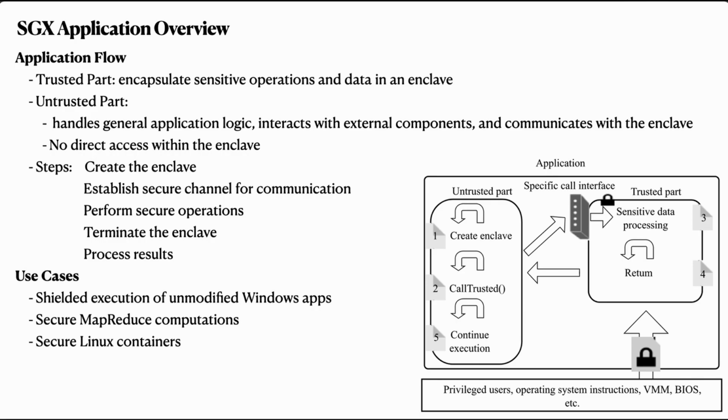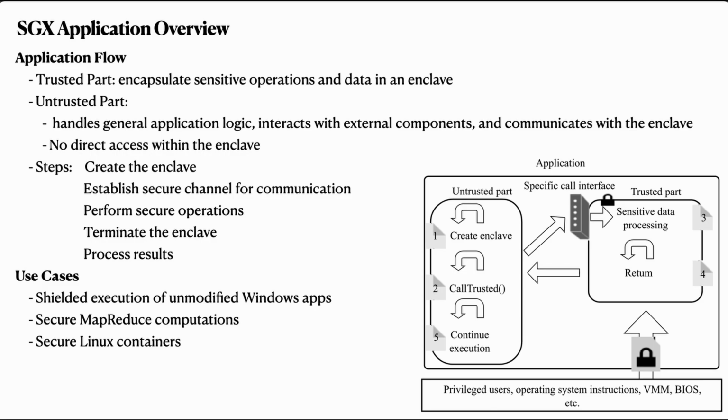It typically uses remote attestation. Remote attestation allows the application to verify the integrity and identity of the enclave and ensure that it is running the expected code. A shared secret key may be generated and exchanged during this process to encrypt and decrypt data securely. Then it will perform secure operations.